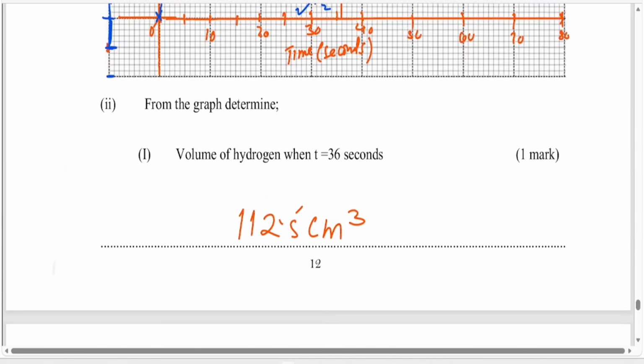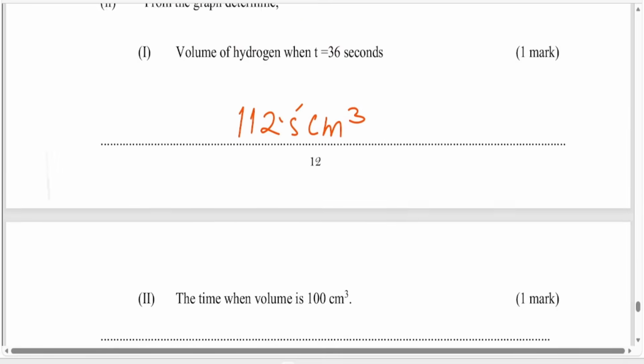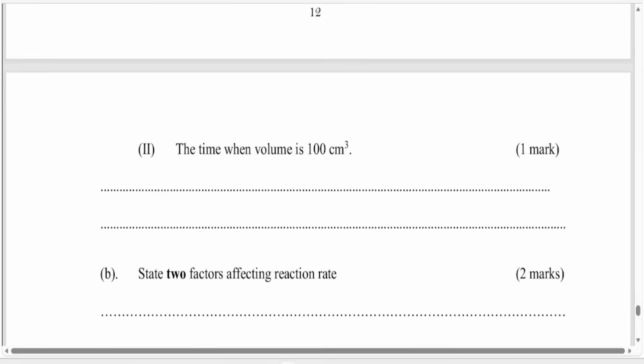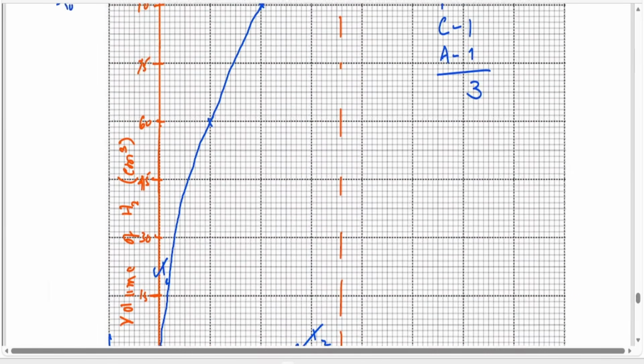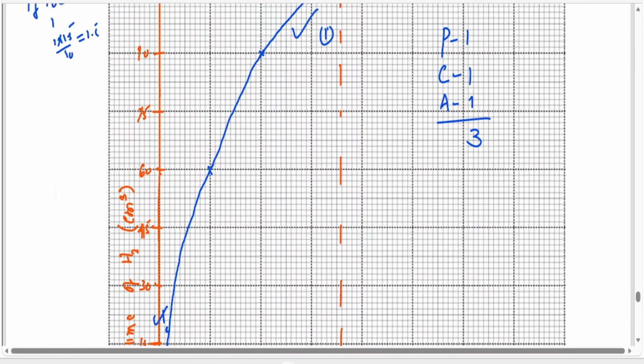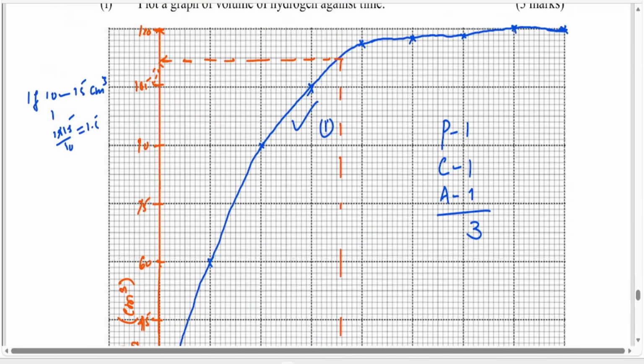Then the time when the volume is 100 cubic centimeters. So we move to the volume. At 100 cubic centimeters, from 90, we need around 6 small squares.